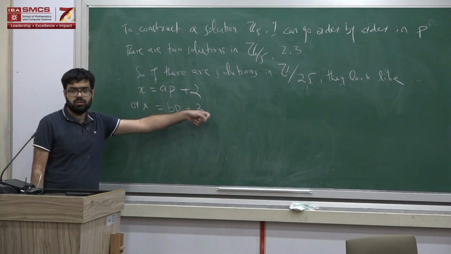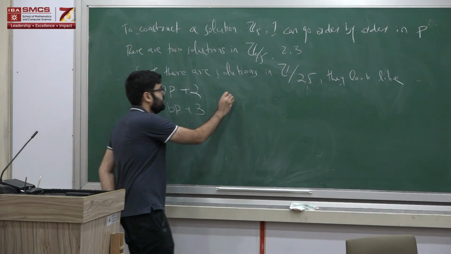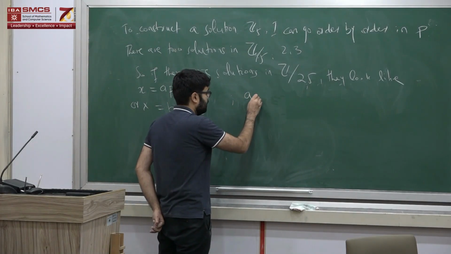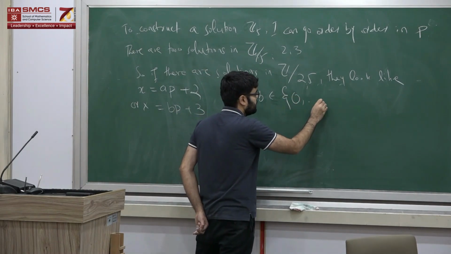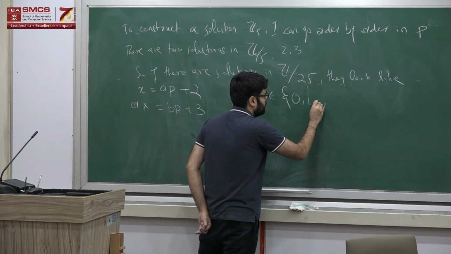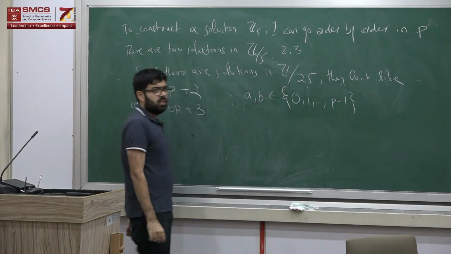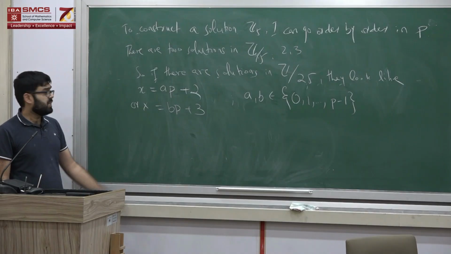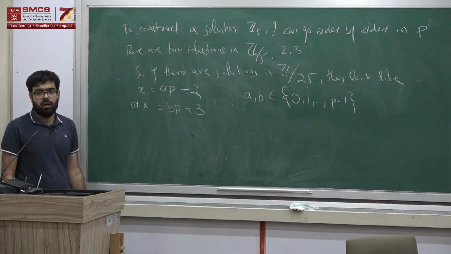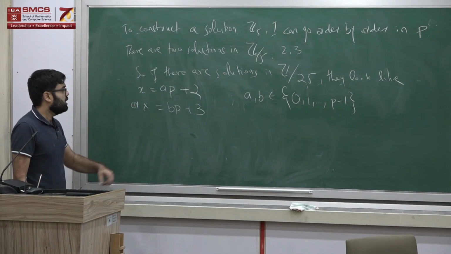And there I had 2 solutions, so these are the only 2 possibilities. And these a, b I can restrict to be in the set 0, 1, up to p minus 1, because if they are bigger than p, the value mod p squared will be the same since this p is already present. So, let us try to solve this using this ansatz.